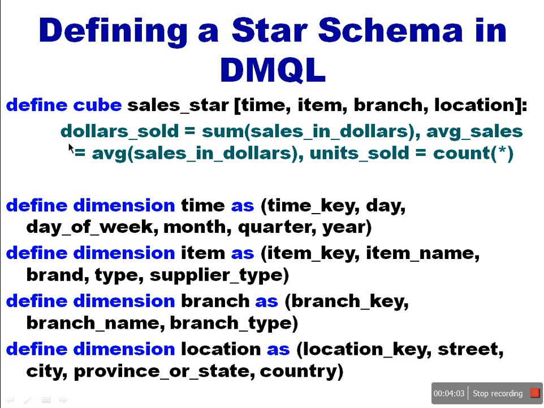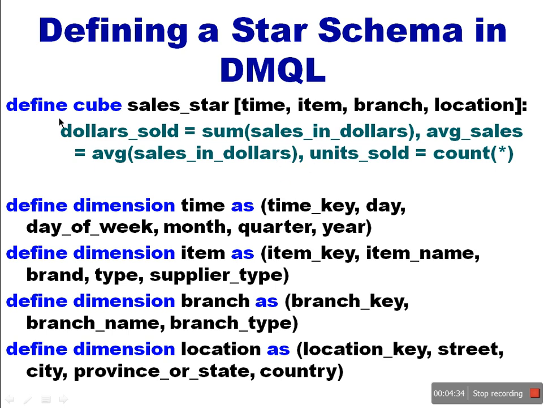Now let us see how to define star schema using data mining query language. For defining the sales data warehouse, we have defined cube sales star. That is the name of the star schema model. And then we have four dimensions, namely time, item, branch and location, followed by a set of measures used in a fact table.